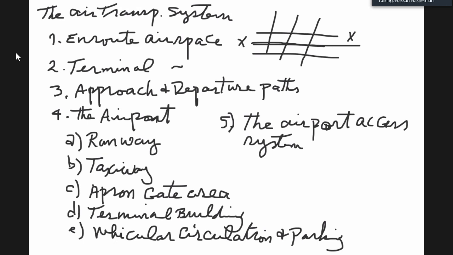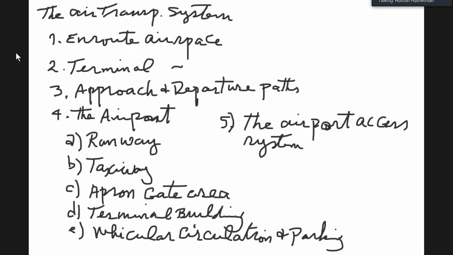Then we have what we call the airport. Under the airport, we have a runway. Runway is basically the main pathway where the aircraft lands.